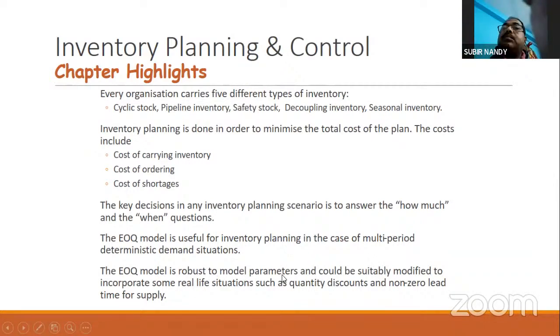It is robust to model parameters and could be suitably modified to incorporate real life situations such as quantity discounts and non-zero lead time for supply. You could also have a situation where a vendor may say that if you give me this much premium, I can take out from a particular stock and give it to you faster.